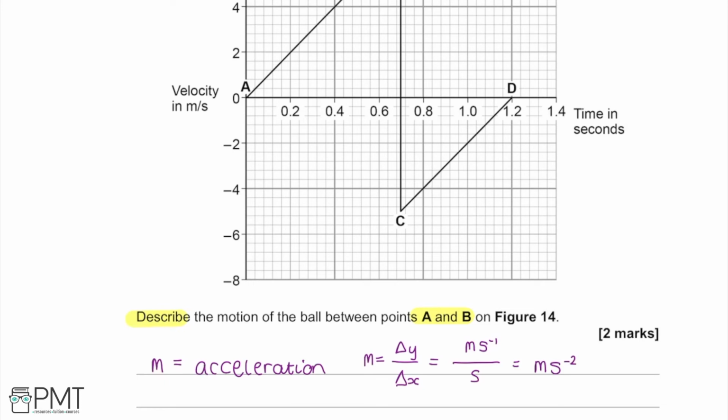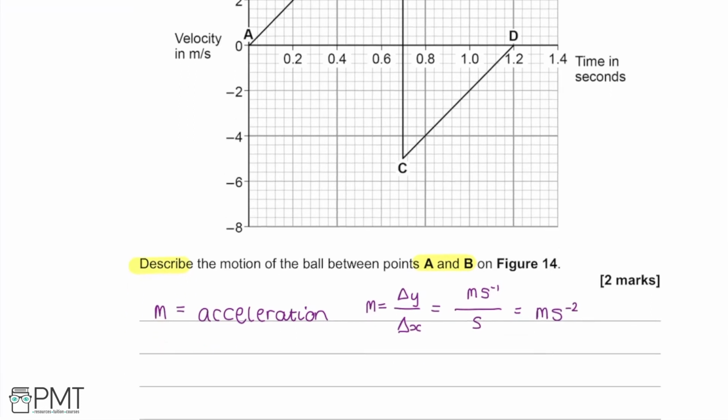So we can see here that between A and B, there's a straight line, which means the acceleration is going to be the same no matter where you are between A and B. So that means we've got constant acceleration. The way that we describe this constant increase in velocity is with the term uniform acceleration.